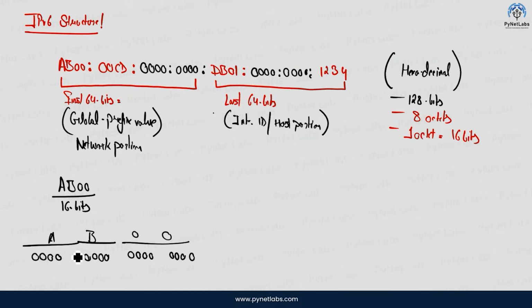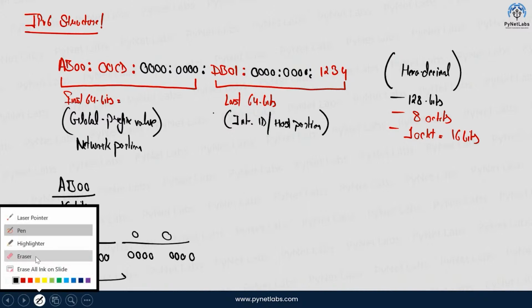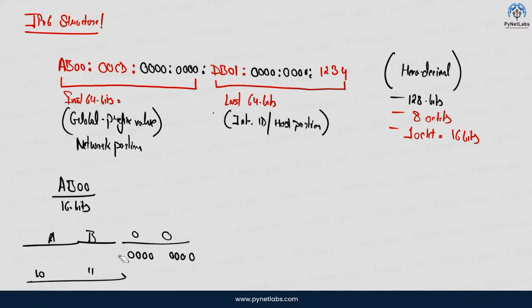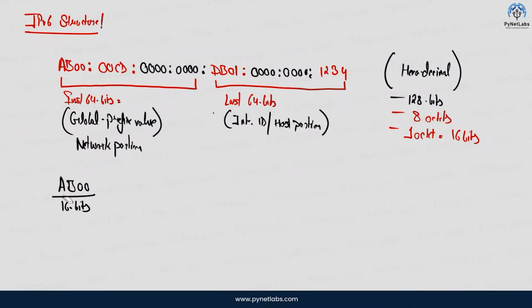If I talk about A, the conversion of A in decimal is 10 and B is 11. All these things we discuss in the live classes, but I hope you got the concept that it consists of 16 bits, and inside one octet there are a total of 16 bits, where one single value represents 4 bits in total.